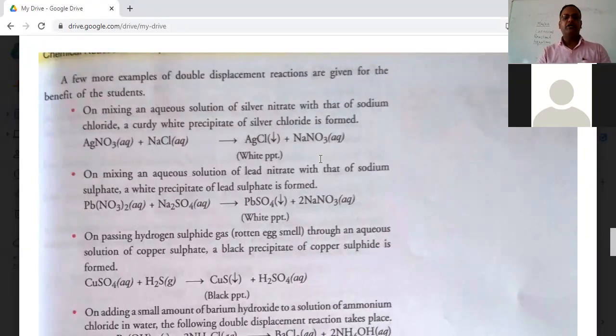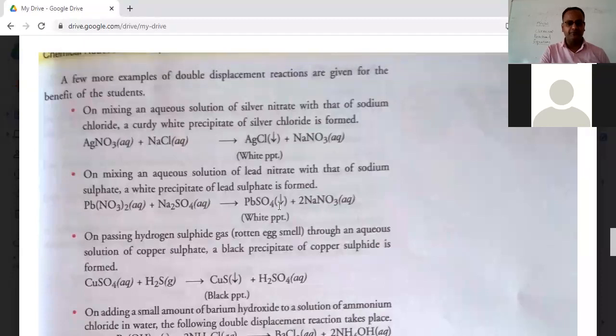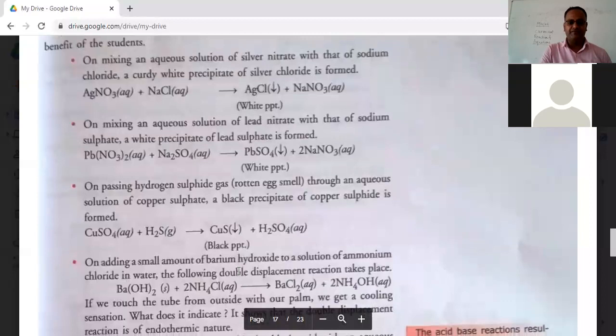Now, more examples of double displacement. On mixing an aqueous solution of lead nitrate with that of sodium sulfate, a white precipitate called lead sulfate is formed. Then on passing hydrogen sulfide gas through an aqueous solution of copper sulfate, a black precipitate of copper sulfide is formed.